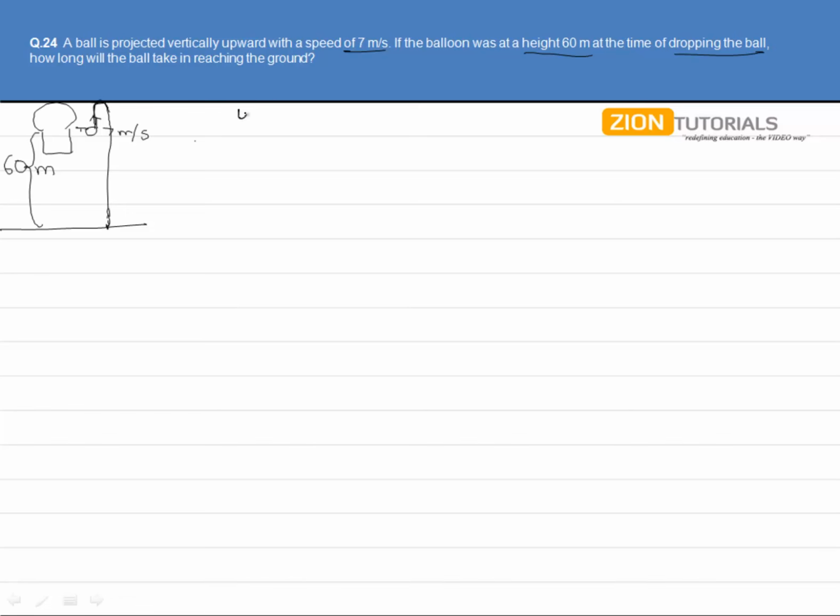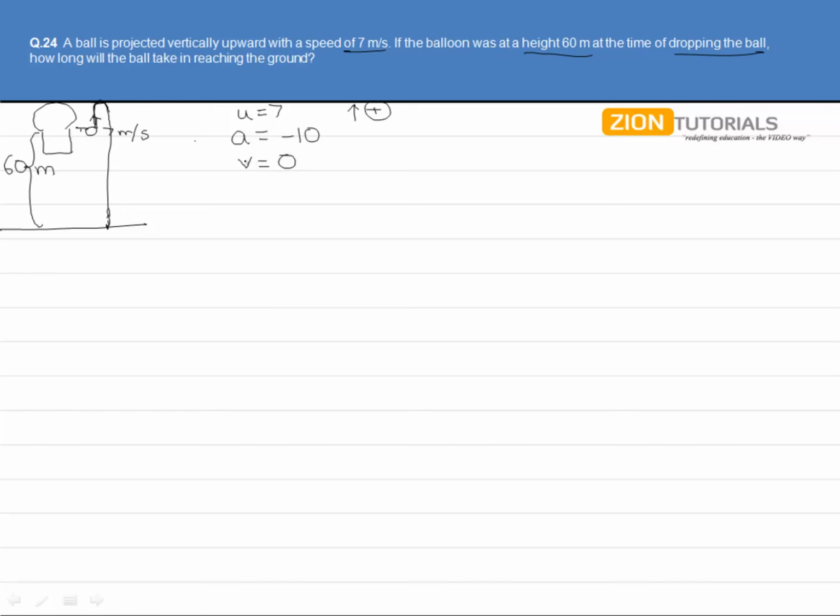We can note that the initial velocity is 7, taking the upward direction to be positive. The acceleration is minus 10, that is g in the downward direction. And the final velocity is 0.